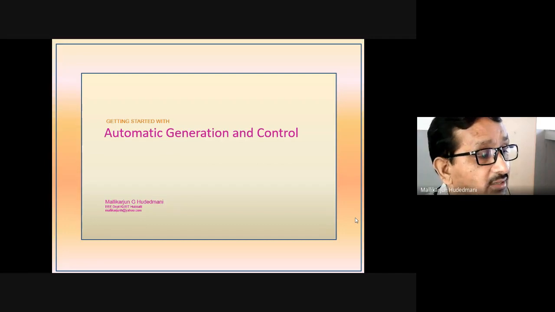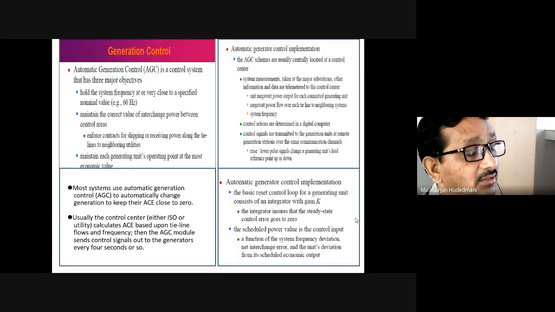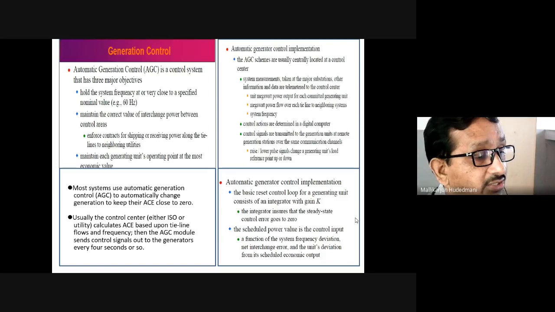Let us begin under this heading, automatic generation and control. Let us build the knowledge step by step, connected to the individual generating point of view and another. In line with this, I begin with the first interaction.